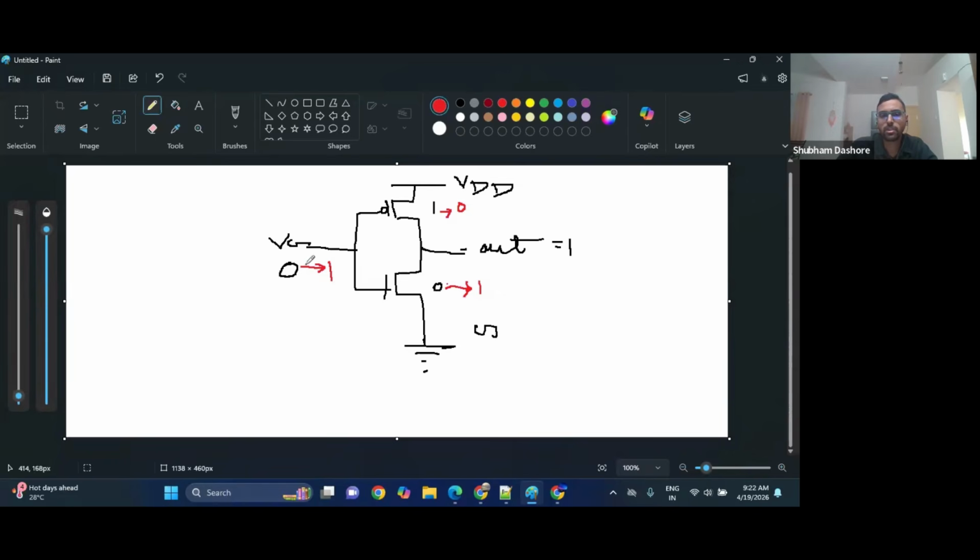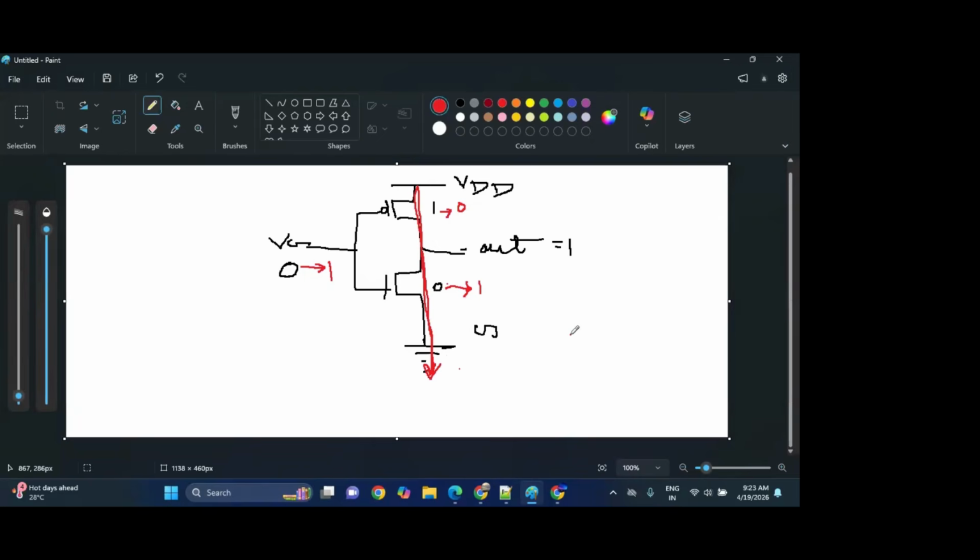When VG switches from 0 to 1, NMOS becomes transparent and PMOS turns off, but for a very short amount of time both are transparent and current flows directly from VDD to ground. This is called short circuit current, and the power dissipation due to this current is called short circuit power.